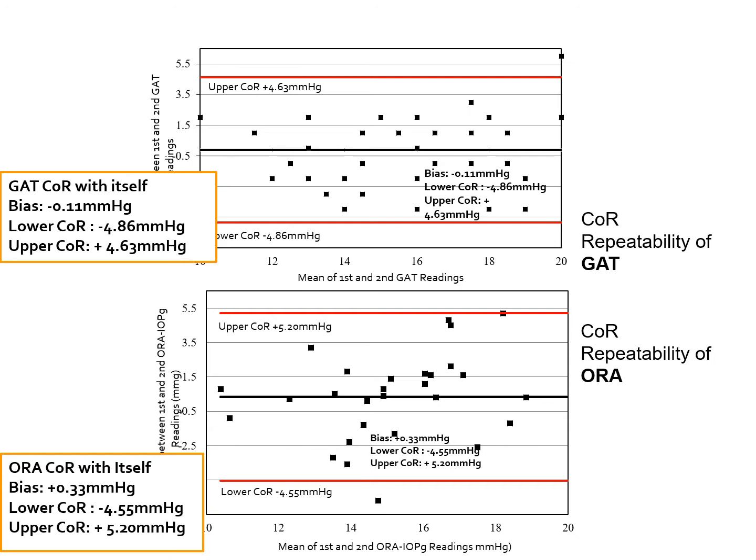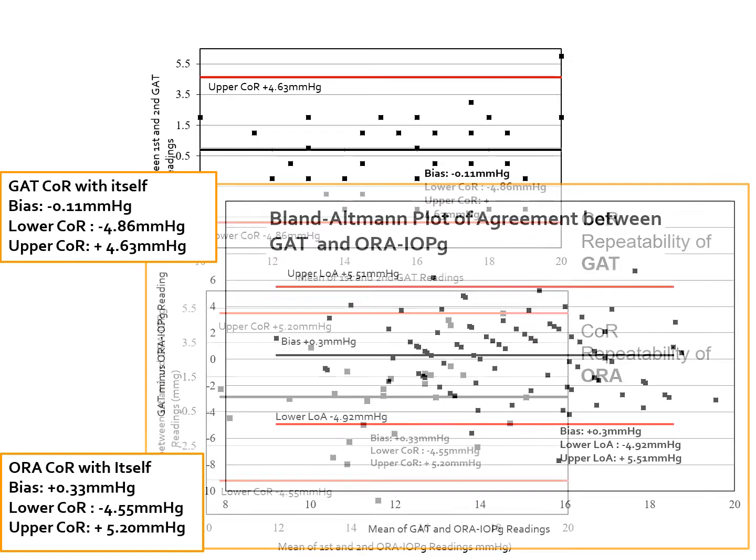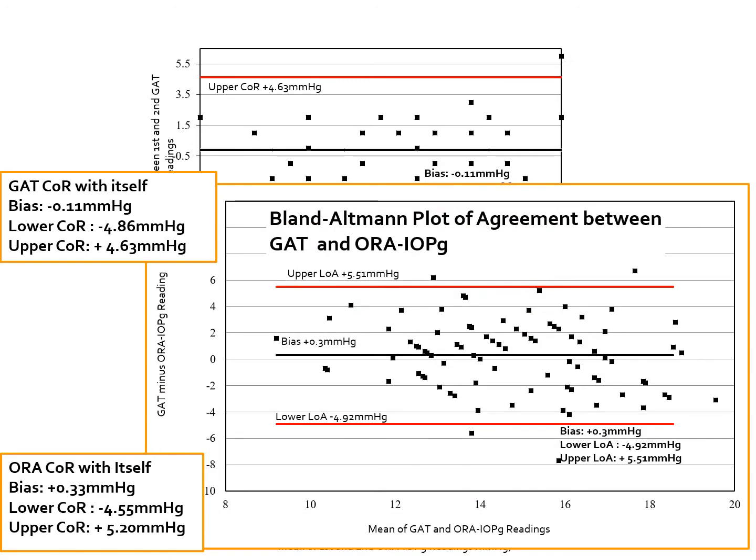So you've got a lot of variability within the machines themselves before you go on and compare one machine to another. So when you do the comparison one to the other, which again incorporates the variability of both machines, they do actually agree. The bias is only 0.3 millimeters of mercury, so they pretty much agree. But the range is again plus or minus 5 millimeters of mercury.